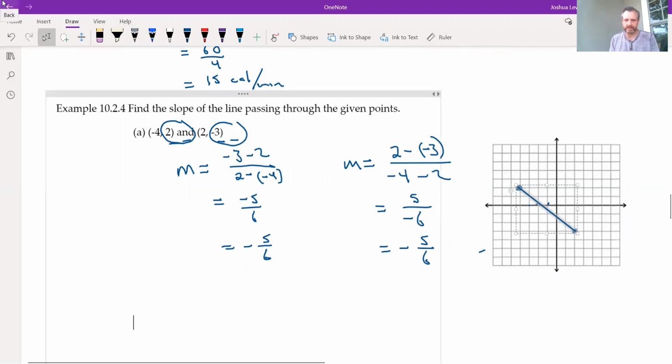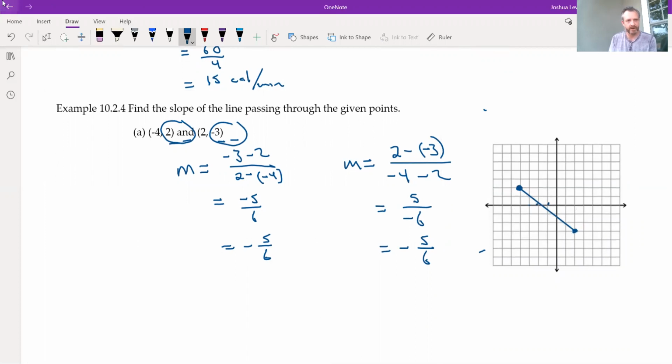Now let's think about this for a second. In the first case, I started with 2, -3. So that was this point here. If I'm at 2, -3, and I want to get to -4, 2, then that is like going, oops, so we need red here. I want to use my red.